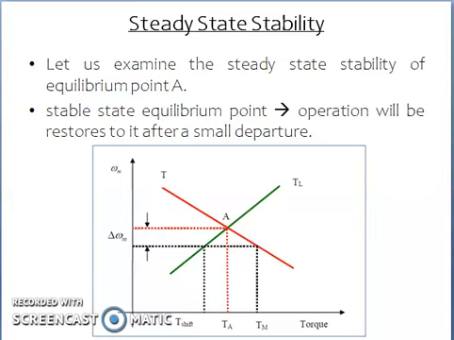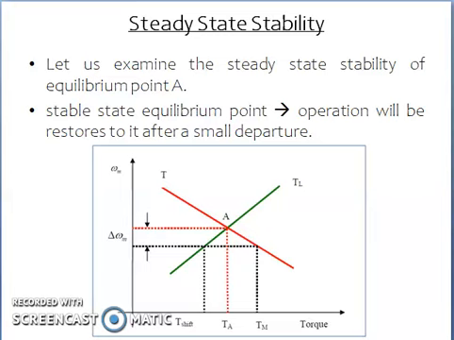With this, the concept of steady state stability has been developed to readily evaluate the stability of an equilibrium point from the steady state speed torque curves of the motor load system. With this, we can avoid the solution of differential equations which are valid for transient operations of the drive.